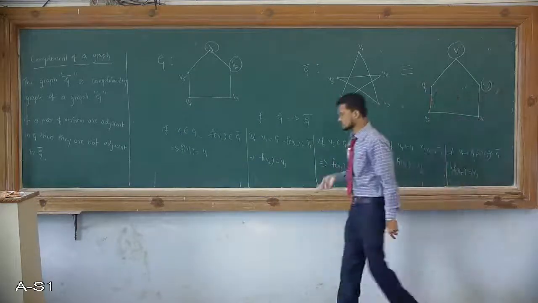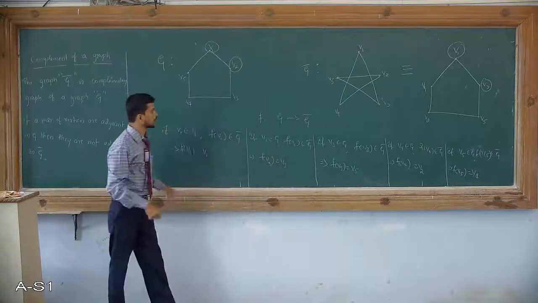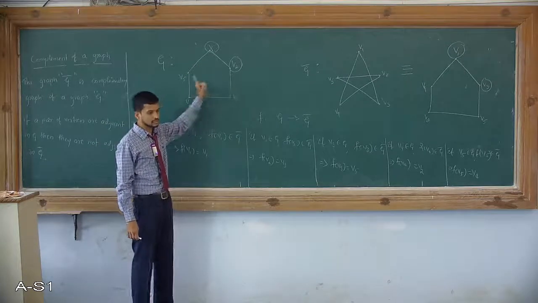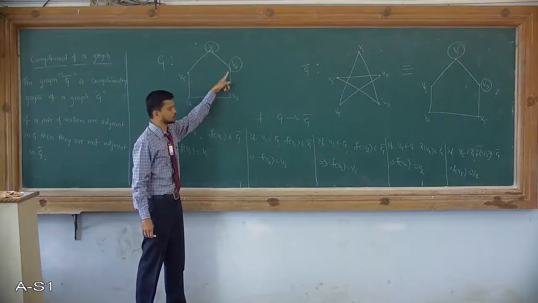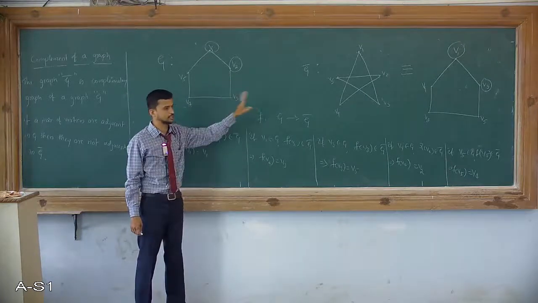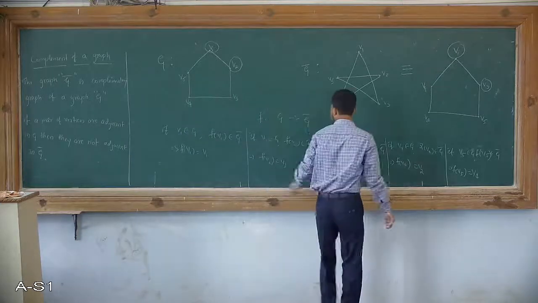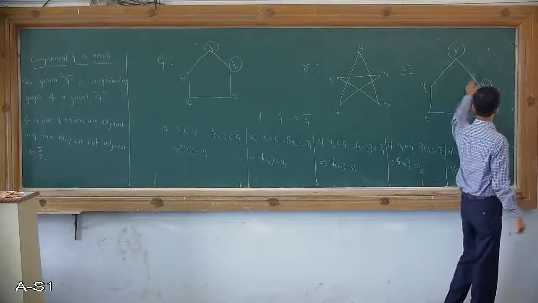Now answer to the question: V1 and V2 are adjacent in graph G. The question is, f of V1 and f of V2, are they adjacent or not in G bar? Yes, they are adjacent, because f of V1 is equal to V1 and f of V2 is equal to V3, so V1 and V3 are adjacent.